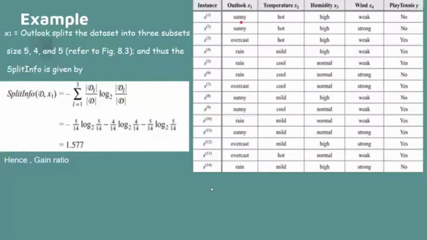For example, we are looking at sunny. Sunny comes in the table 5 times: one, two, three, four, five. So here comes 5, and the total number of data set in the table is 40.